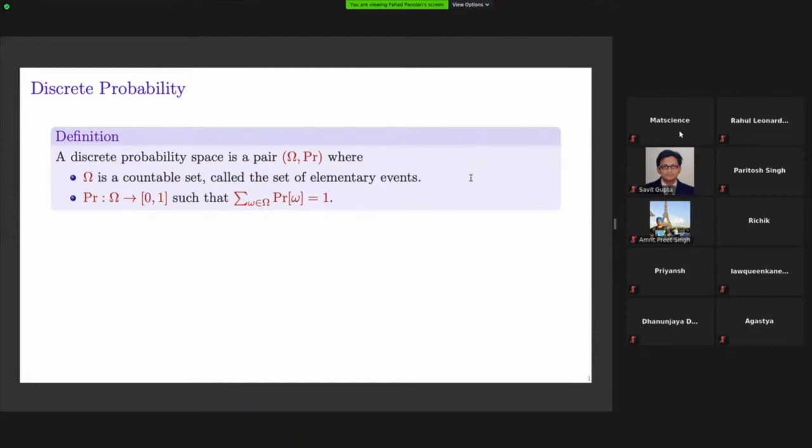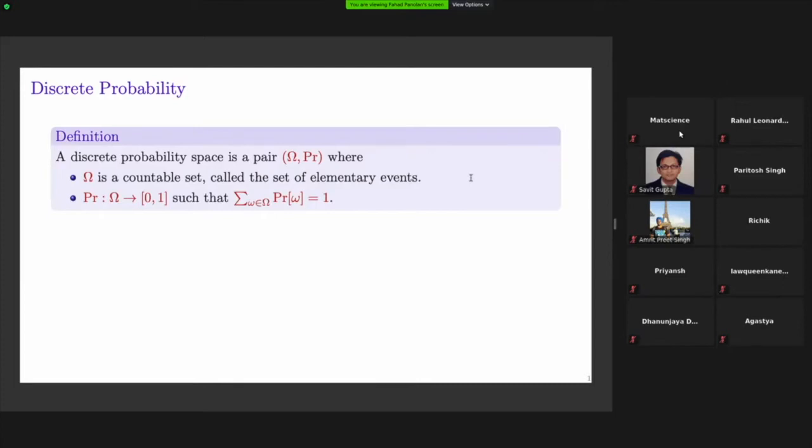Each element in that set is called an elementary event. We say that a probability space is discrete if that set is a countable set. One example of a countable set is a finite set. Most of the time we will be dealing with finite sets. Even if it is a countable set, it is a discrete probability space.